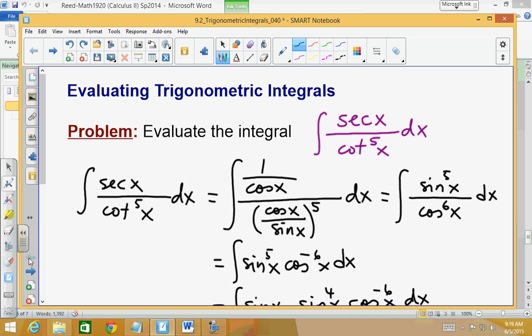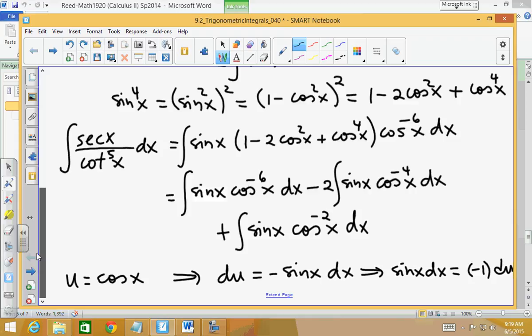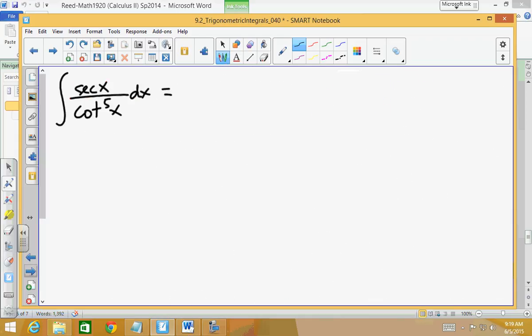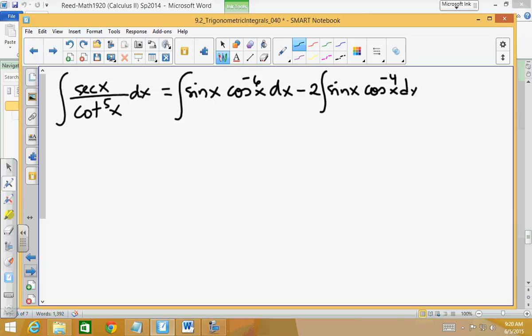We said it is the integral of sine x cosine to the negative 6x dx minus 2 times the integral of sine x cosine to the negative 4x dx plus the integral of sine x cosine to the negative 2x dx.